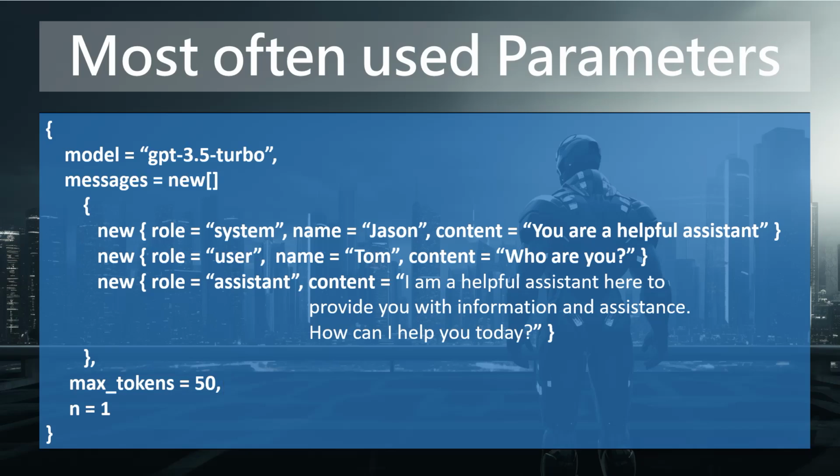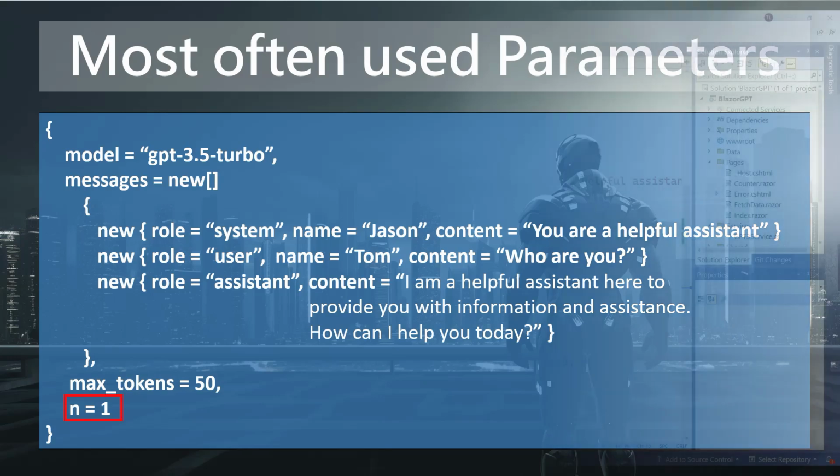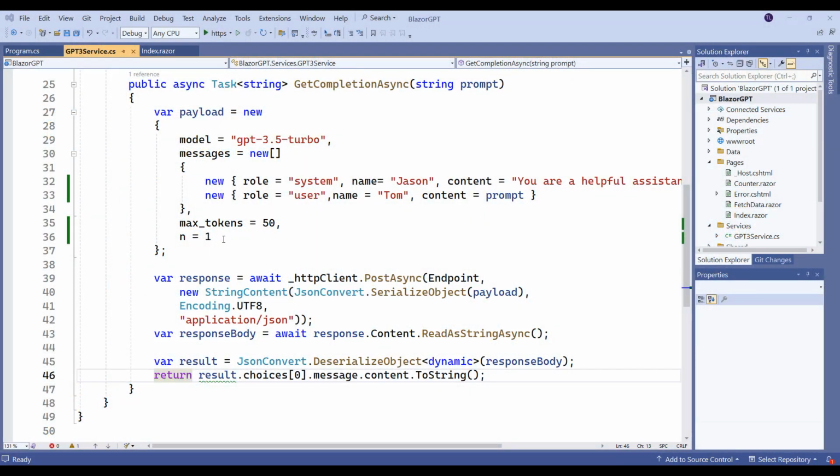Okay, the last important parameter I want to introduce is n. N is an integer indicating how many responses the OpenAI API should return. The default value is 1, meaning there will be only 1 response returned. If you set it to greater than 1, say 2, the API returns 2 responses.